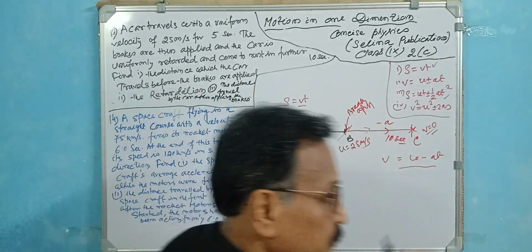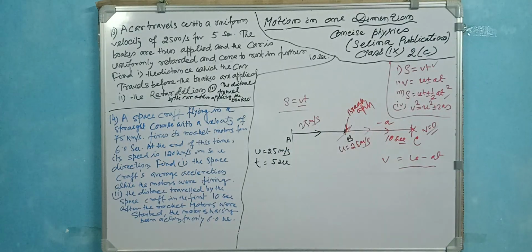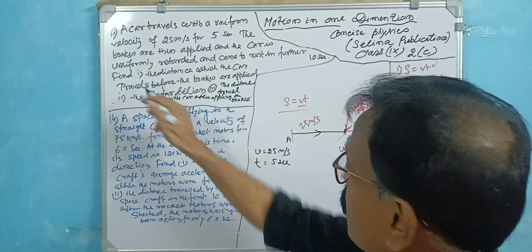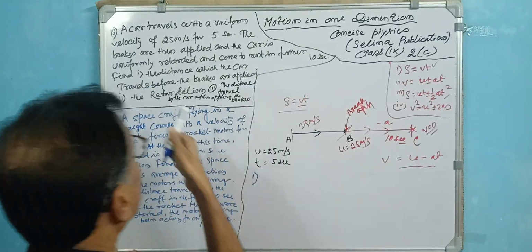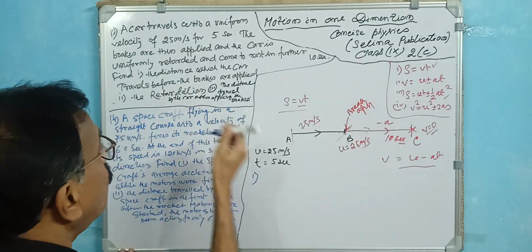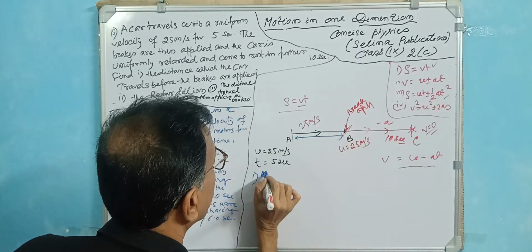Now this is the concept. The drawing is clear. Now what is the question here? The first question is to find the distance the car travels before the brake is applied. That means you calculate AB.